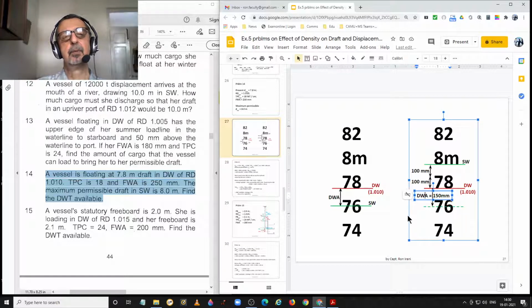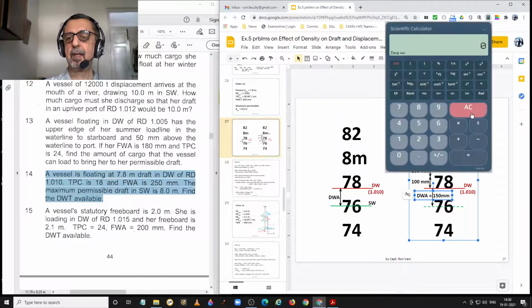The easiest way to go about doing this is you divide this TPC of 18 by the relative density of salt water, 1.025, and you multiply it by the relative density of the dock water given to us to be 1.010. So it works out to 18 divided by 1.025 multiplied by 1.010. It works out to 17.74 metric tons per centimeter.